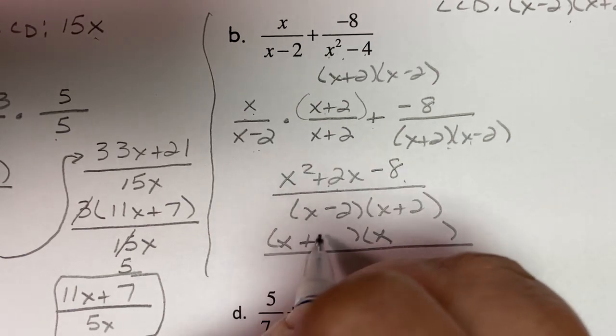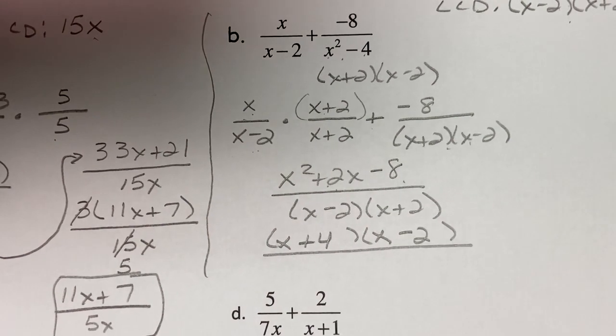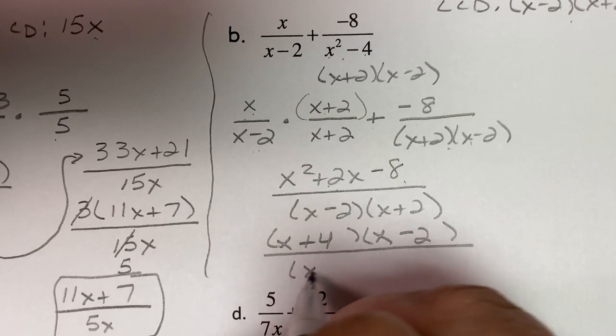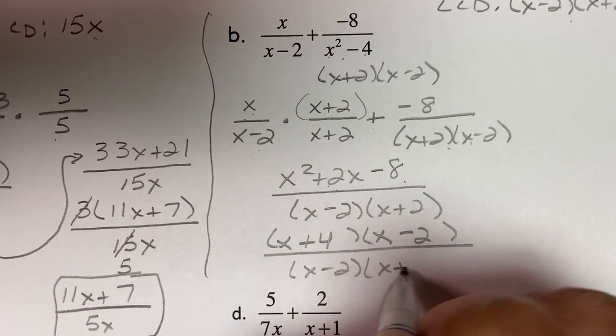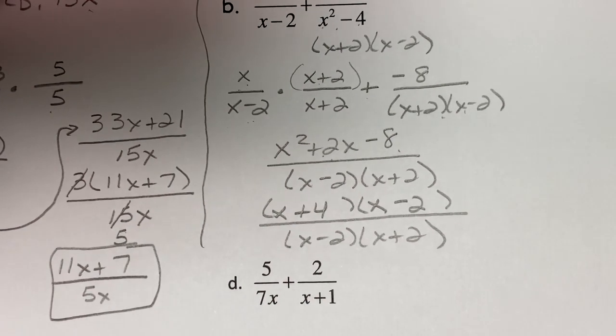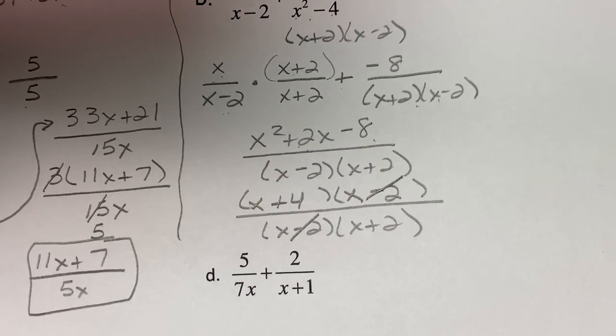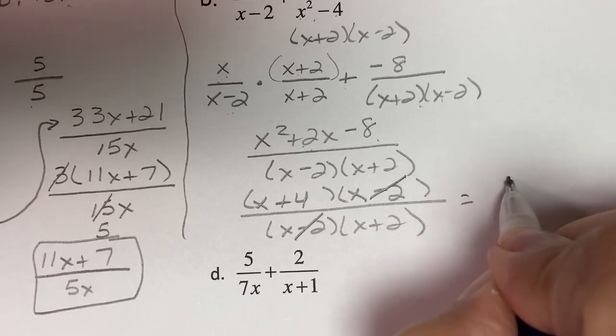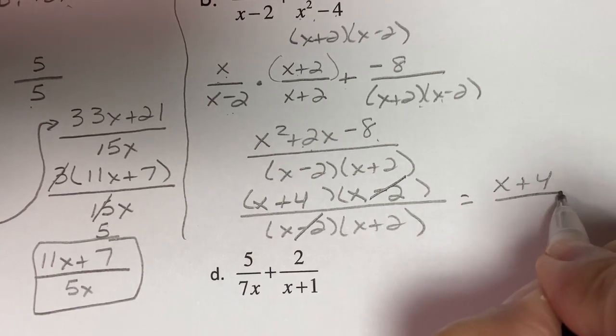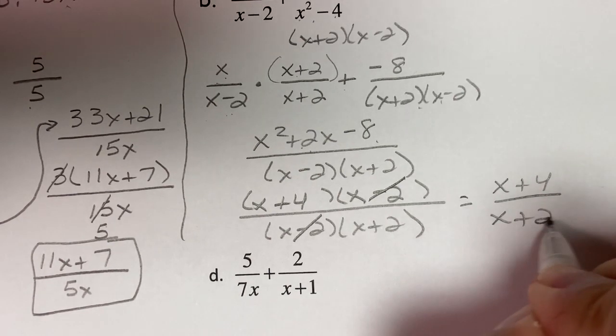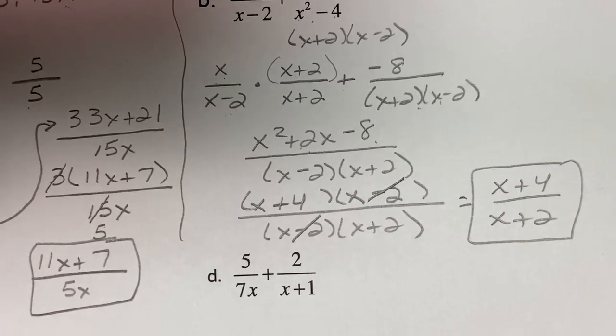Yes, there are. There are plus 4 and minus 2. And that goes over my common denominator still of x plus 2 times x minus 2. Notice the x minus 2's will cancel. So we're left with an answer of x plus 4 over x plus 2.